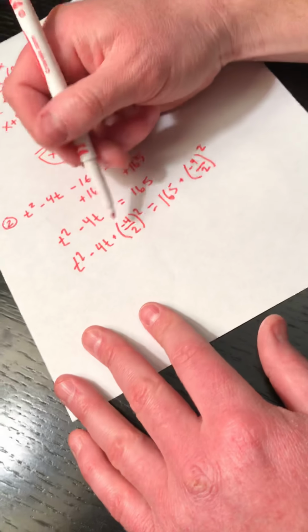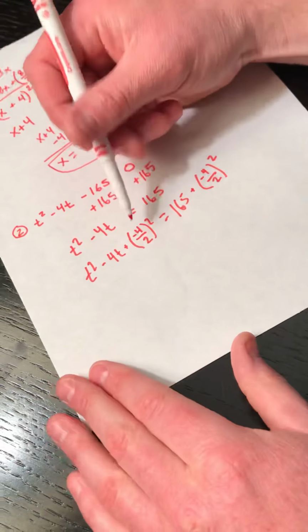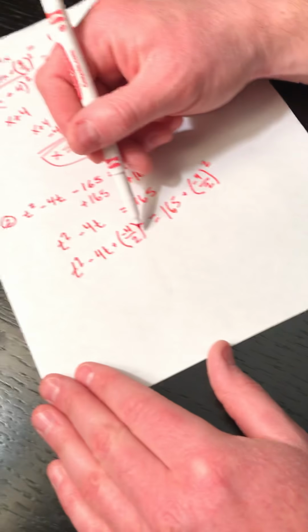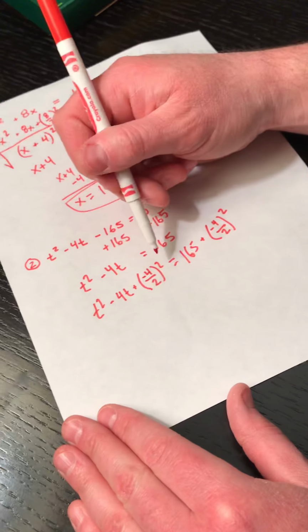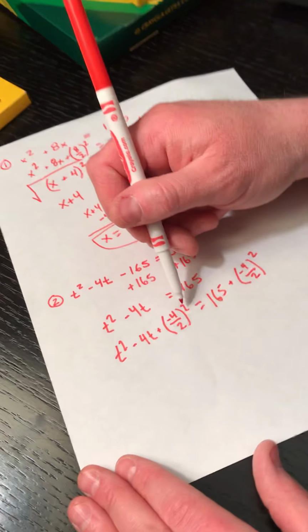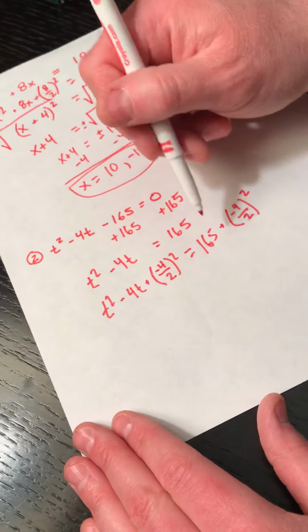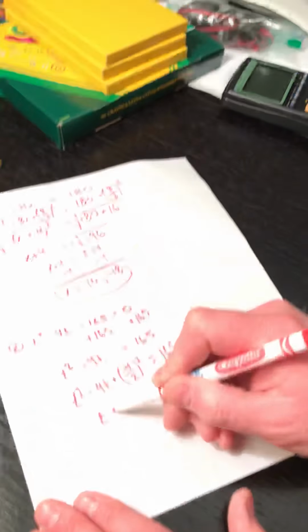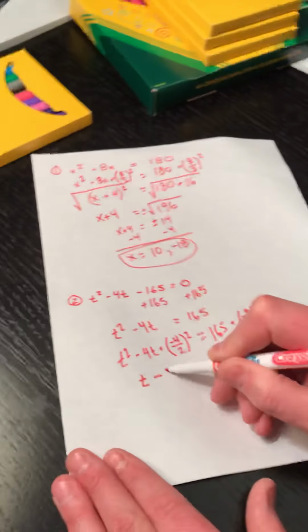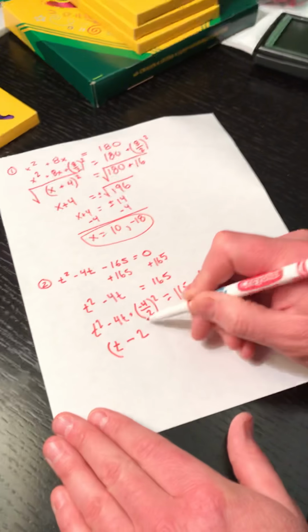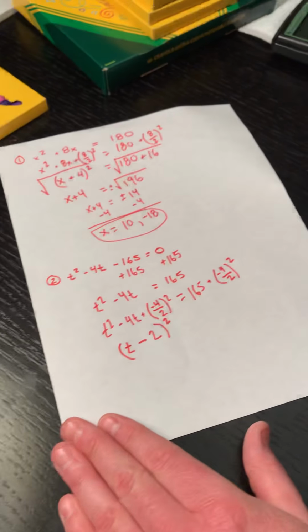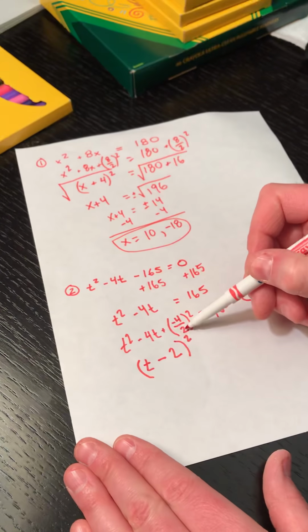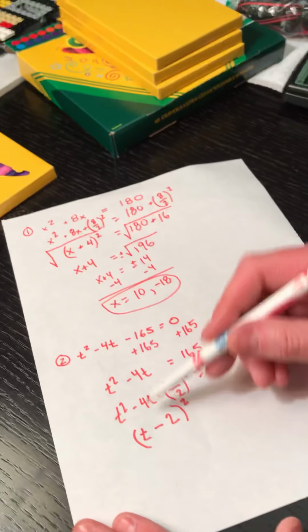Now, negative 4 over 2, that's a negative 2. Negative 2 squared is 4. So all we have to do in this example, we now have t minus 2 squared, because negative 4 over 2 is a negative 2.